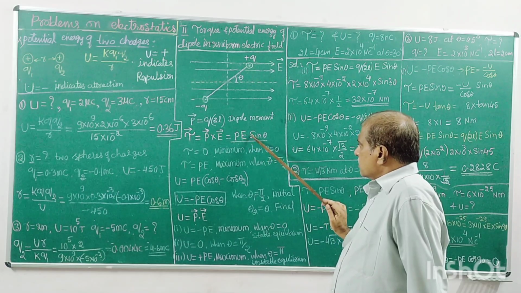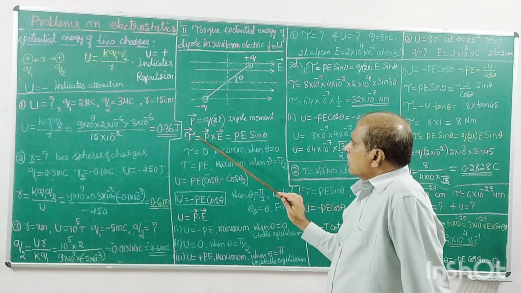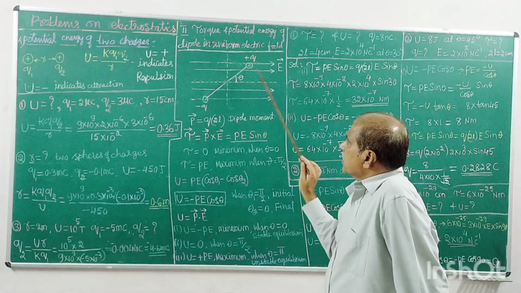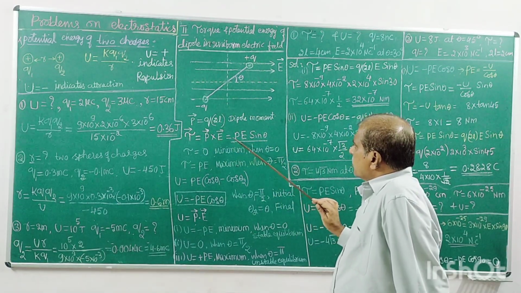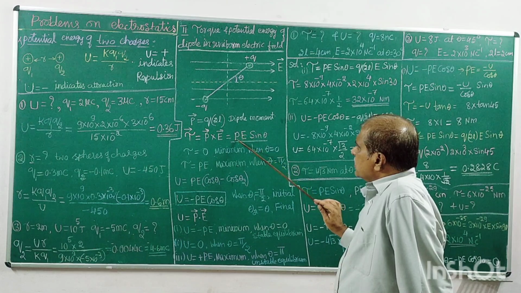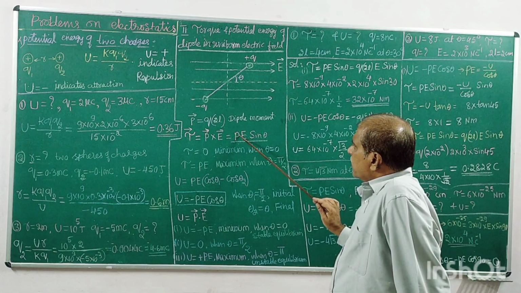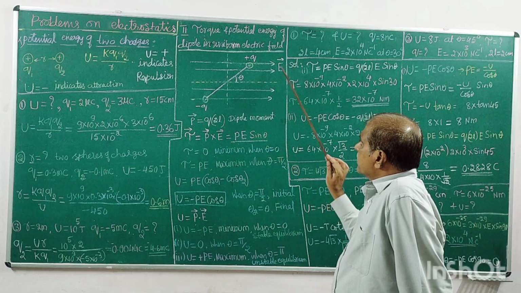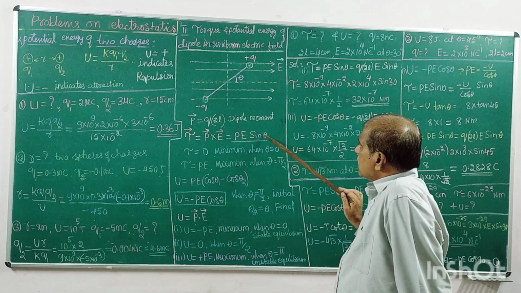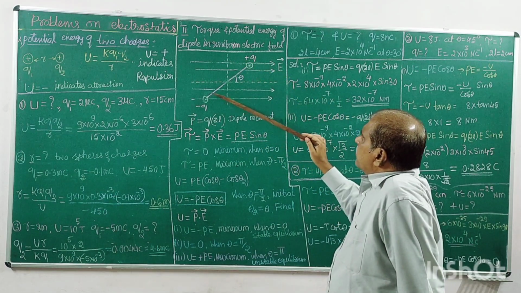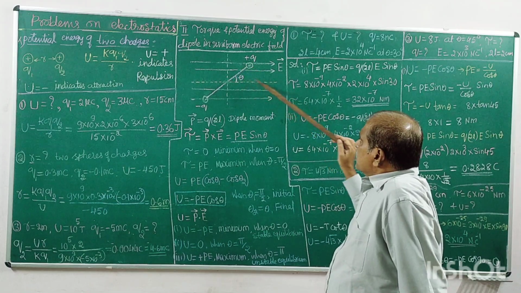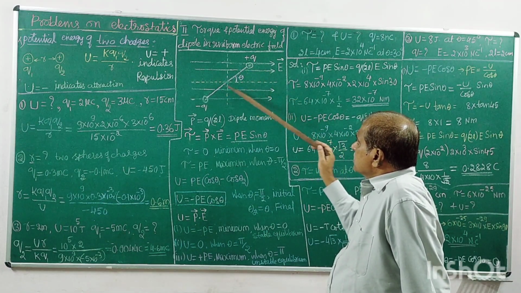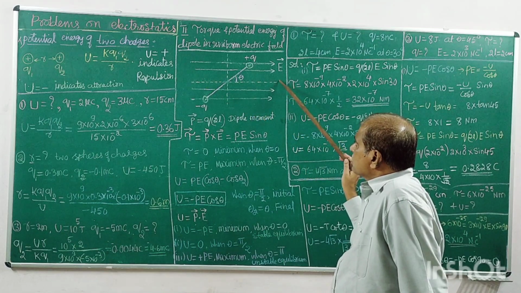The torque, a measure of the force which rotates this dipole, is given by PE sin theta. P is the magnitude of the dipole moment, E is the magnitude of the electric field, and theta is the angle between this line and this line. This line is the axis of the dipole, and this line is parallel to the electric field.